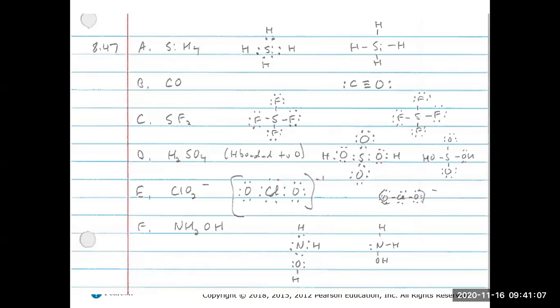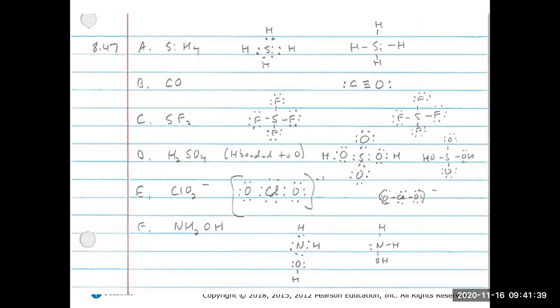ClO2. ClO2 is a little bit different because in addition to the valence electrons that we have to work with, since it's a -1 charge molecule, we have 1 additional electron that we have to account for because of the fact that it's an anion. And so we have chlorine with 7 valence electrons, and oxygen with 6 valence electrons.